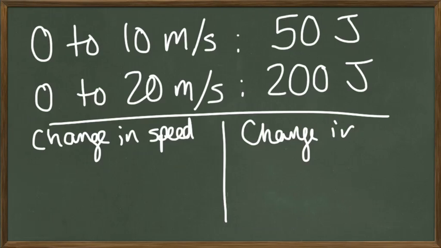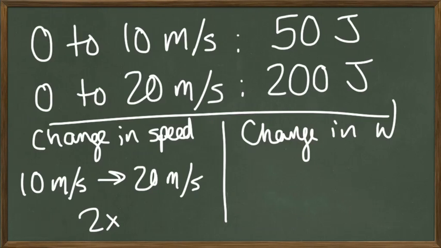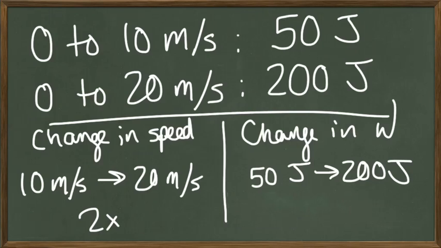Let's compare two things: the change in the car's speed and the change in the amount of work it takes to get that final speed. The final speed of 20 meters per second is only twice the final speed of 10 meters per second. But it takes 4 times as much work to get the car to go from 0 to 20 meters per second as it does to go from 0 to 10 meters per second.